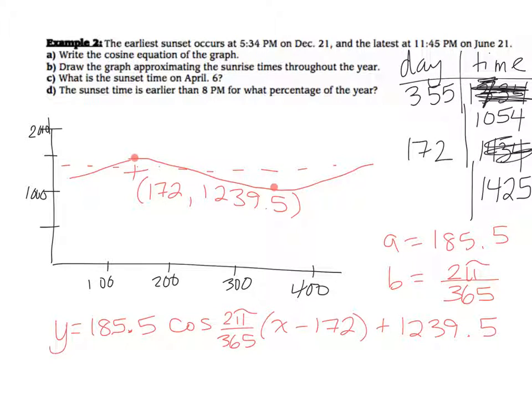Once you have that graph on your calculator, you can use the calculate function, which is second trace on the 83 or 84, to find out the other things that we want to know.